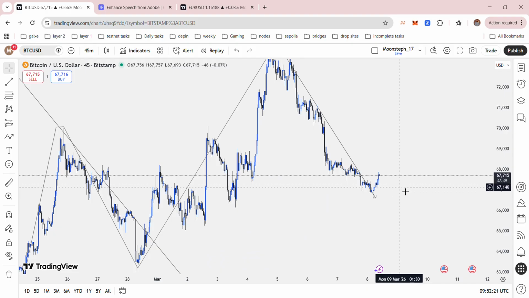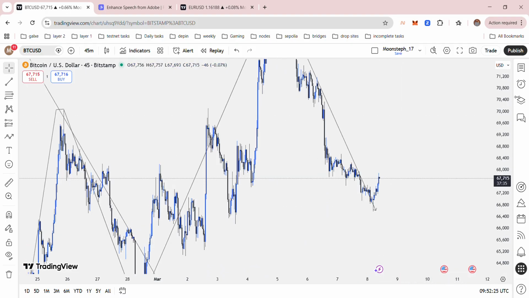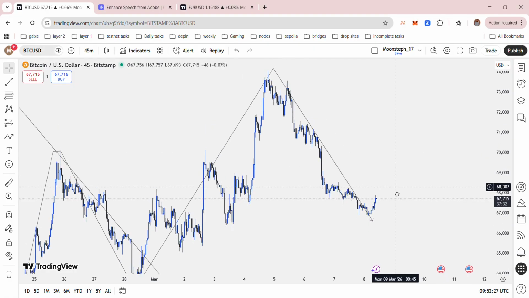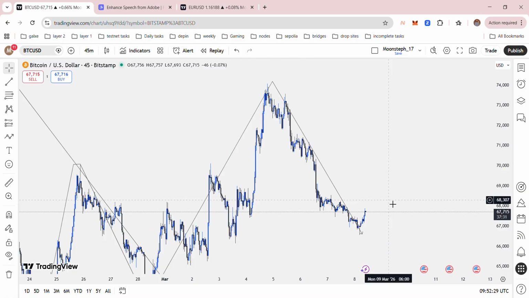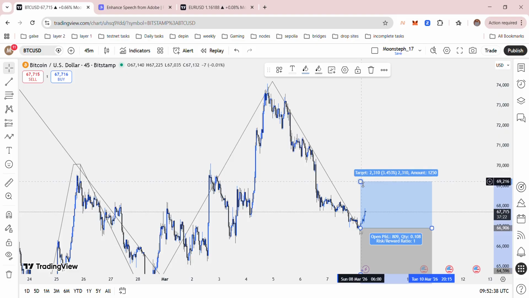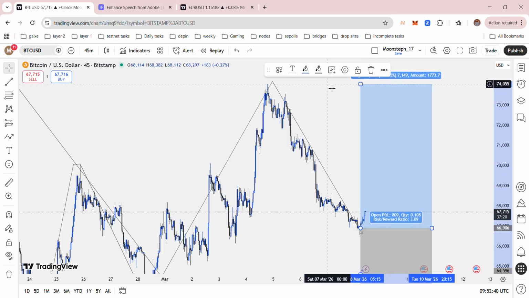So this is where market is likely going to make, and it's already making. I'll show you a screenshot or a video of my trade that I'm currently on. So I expect market to come all the way from here. This is not my precise entry. I'll show you my precise entry from here to clear this high.